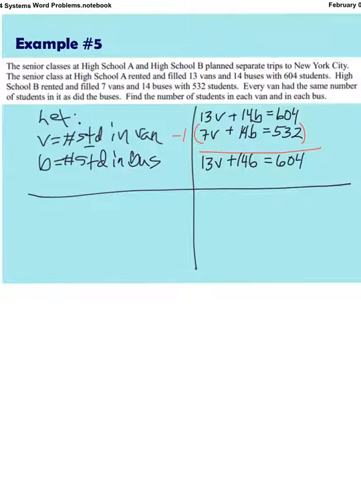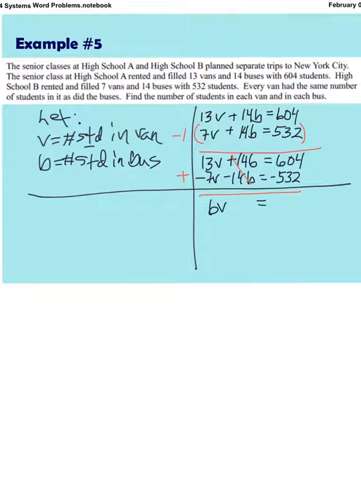And then if I distribute the negative all the way through to the second, I have negative 7V minus 14B is equal to negative 532. So now, if I add the two equations together, the B's are going to cancel. And then 13 minus 7 is 6V.